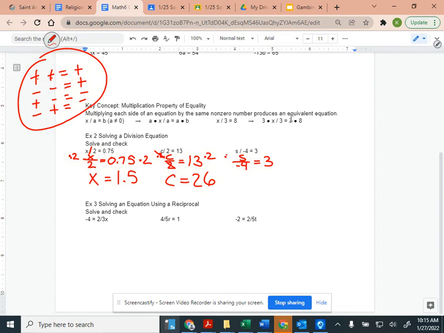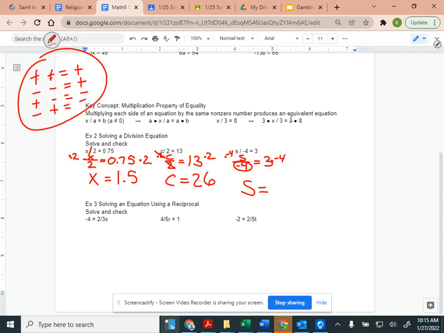Negative 4. I'm going to multiply both sides by negative 4 because that's what I was dividing by. So you take whatever you're dividing by, and that's what you multiply by. So negative 4 times negative 4 divided by negative 4 cancels each other out. So we're left with just our S. What is 3 times negative 4?